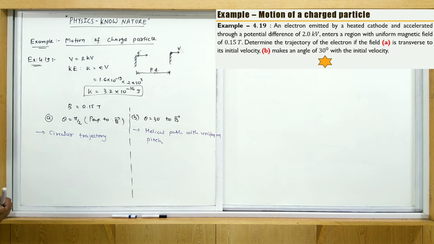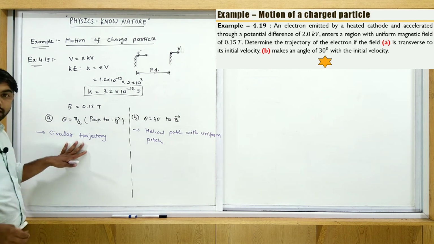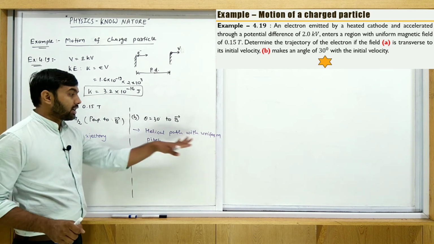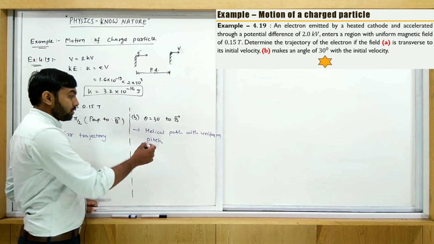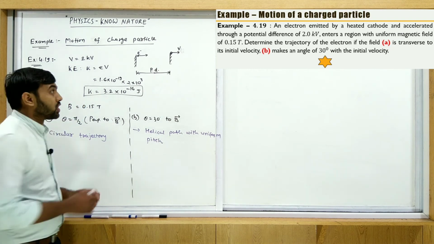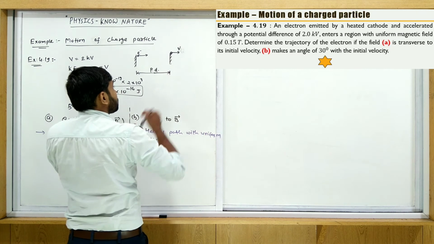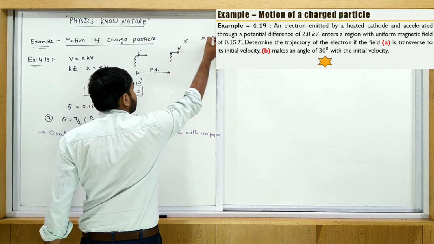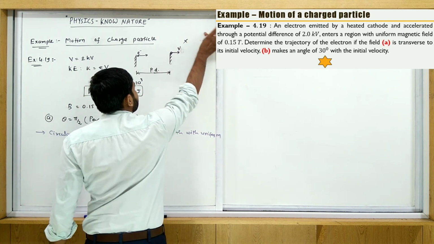In this case the circular trajectory is followed, in this case the helical path with a uniform pitch. Here in this region, suppose the magnetic field is present like this. See, suppose this B is present in this way.